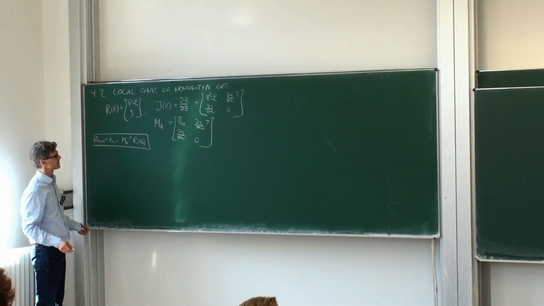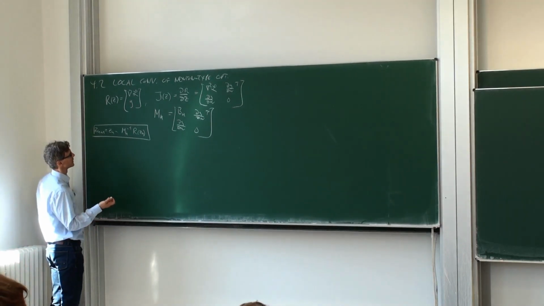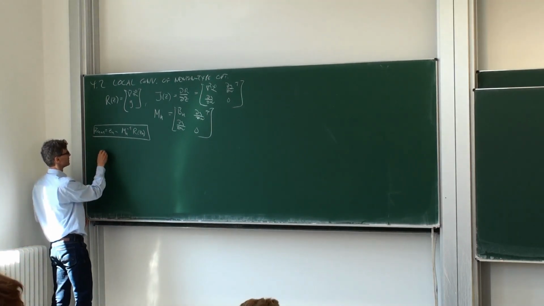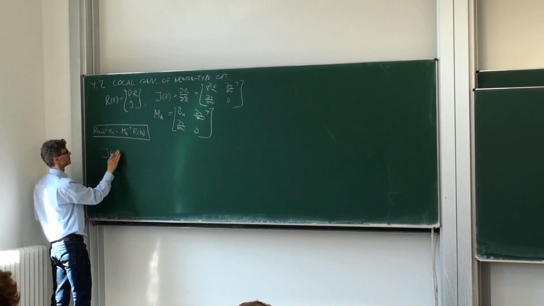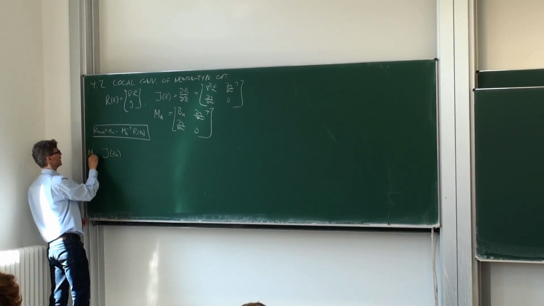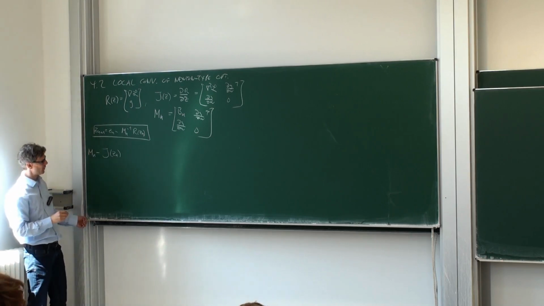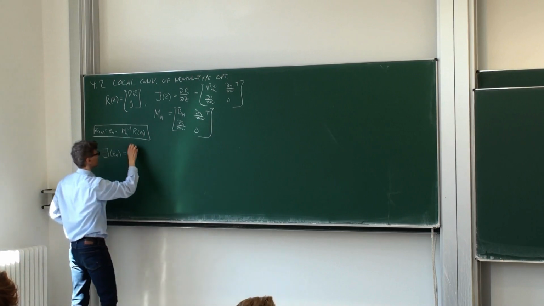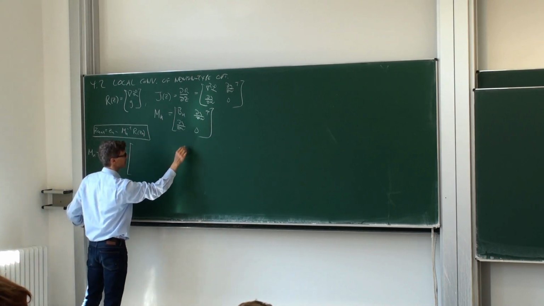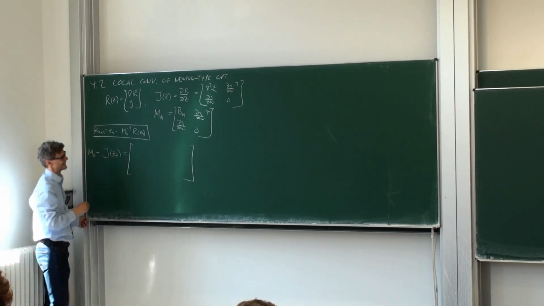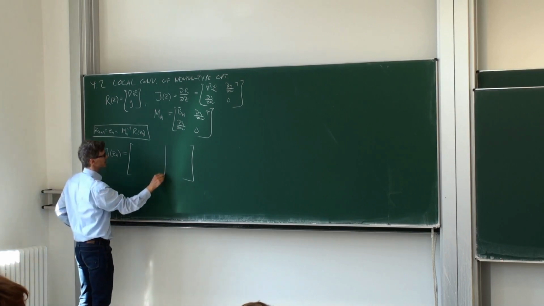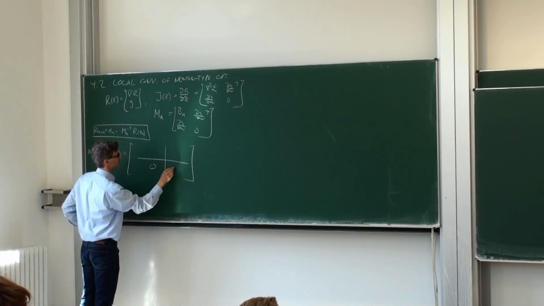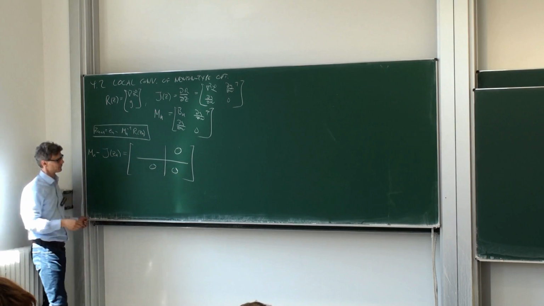And so I want to just compute the terms that are necessary, and the main term is M_k minus J of z_k. What is this? It is a matrix which, due to the fact that we choose the constraint Jacobians to be equal, will only have non-zero entries at the upper left corner.